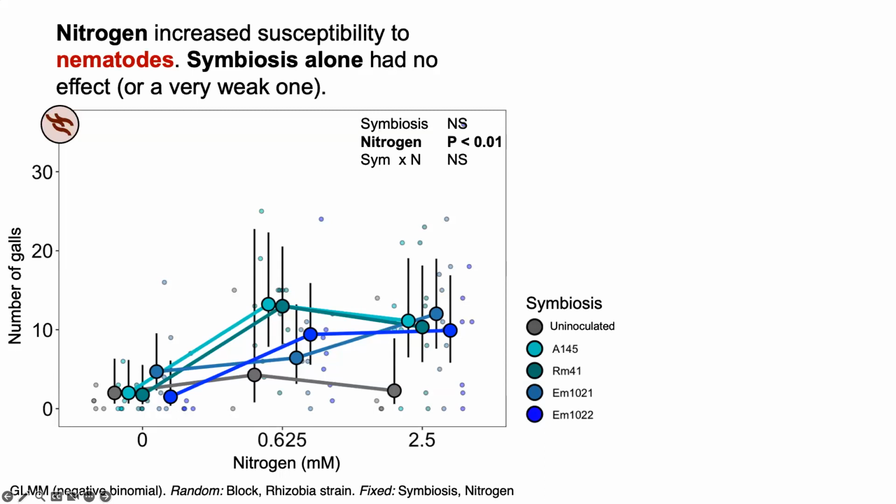So my interpretation here is that the effect of symbiosis seems to be much weaker than the effect of resource provisioning. Or in other words, that the connection between this symbiosis and parasitism might be via the traded resources rather than via all of the corresponding physiological changes that happen in a plant.